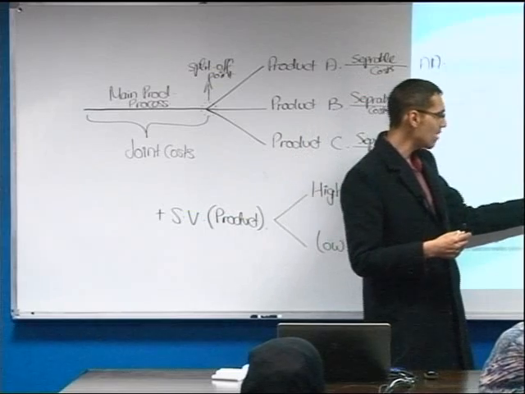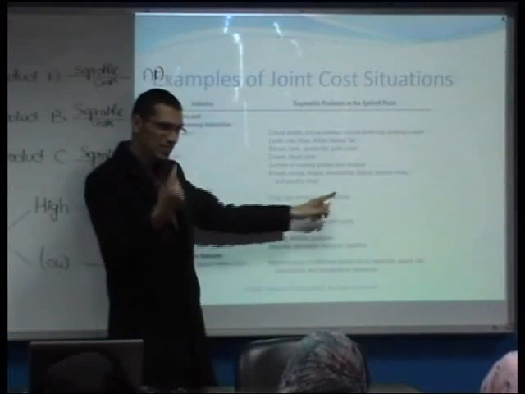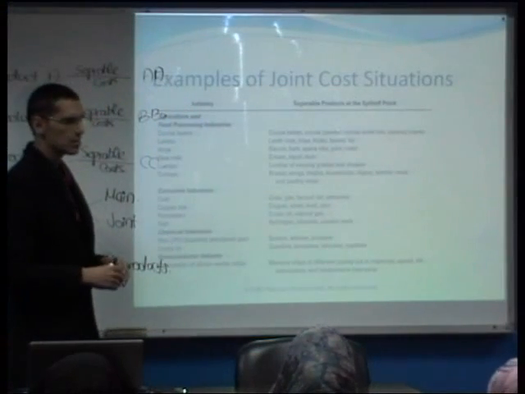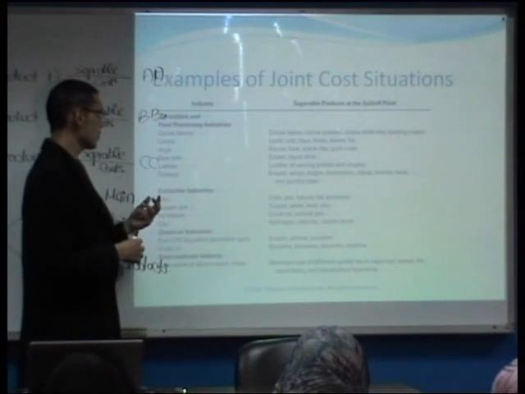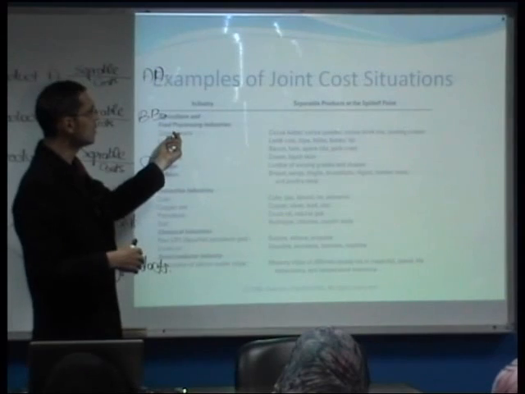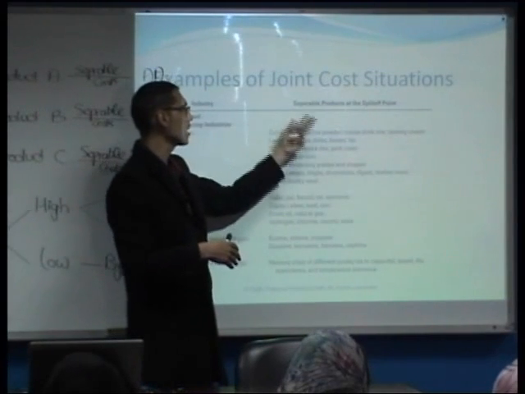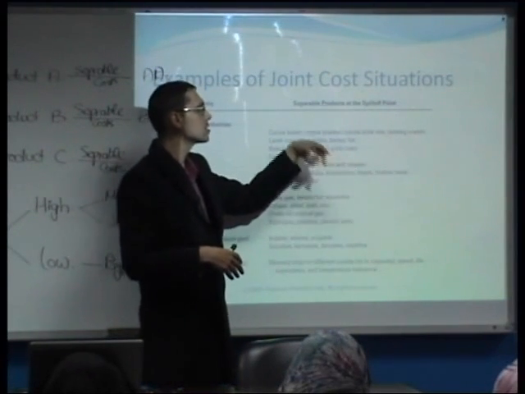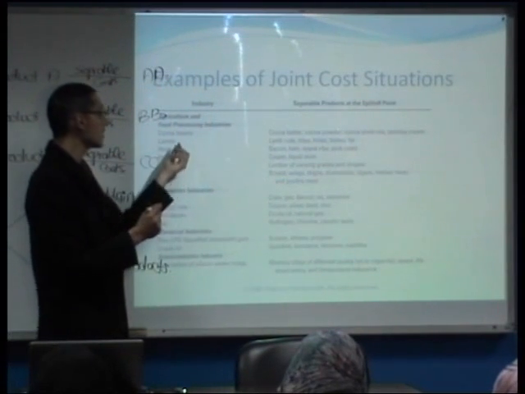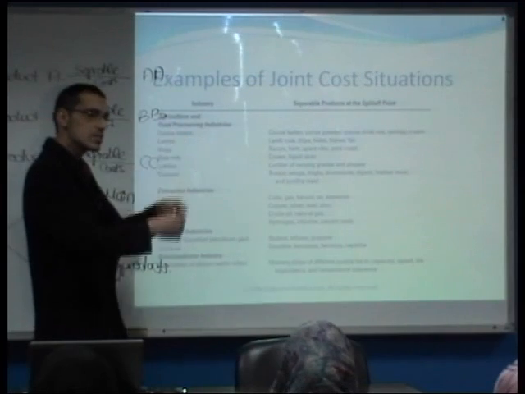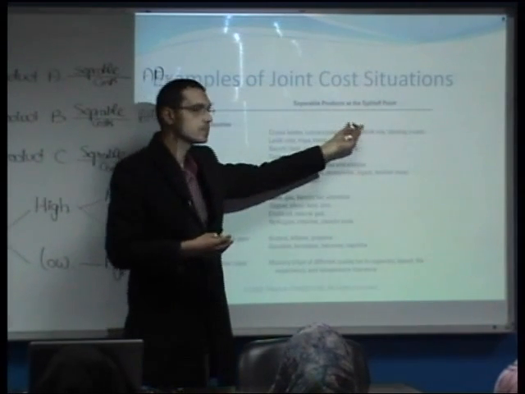We have more than one product that is yielded with the same extractive process. For instance, in the agriculture and food processing industries, the cacao beans have cacao butter, cacao powder, drink mix, tanning cream, and so on. Therefore, the processing of the cacao beans will result in more than one product.